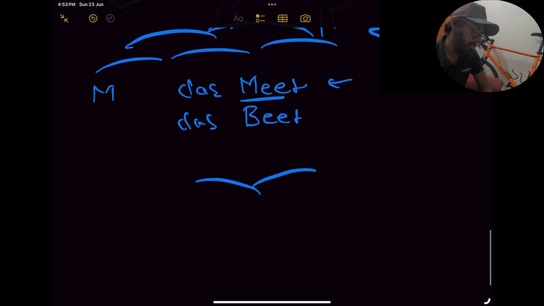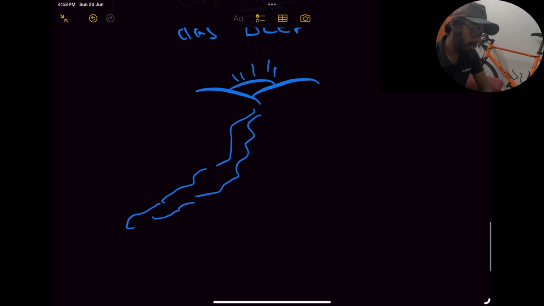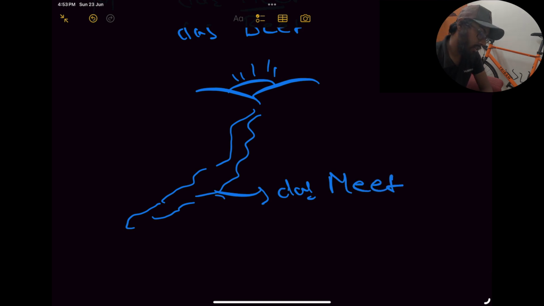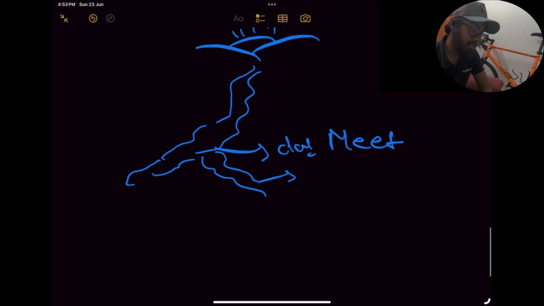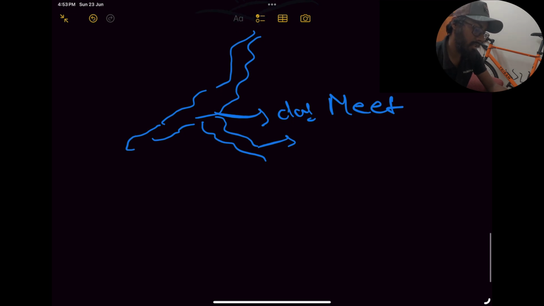So let's say you have a mountain, and there is a sun, and you have something flowing over here, something like that. So this is das Meer. You got it? Or it can be something coming out of it. So they have different words. We have this for this. One of those is das Meer.